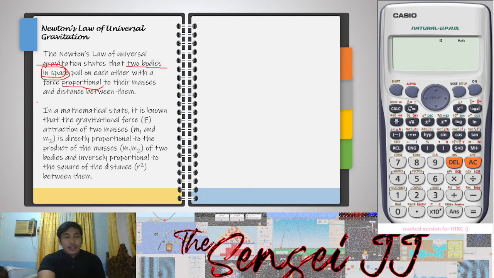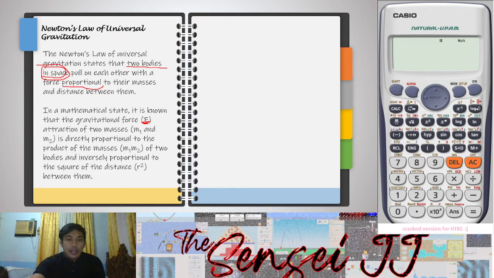Okay, so in mathematical equation, it is known as the gravitational force, which is F. The force that acts on two objects is the attraction of the masses, mass 1 and mass 2.